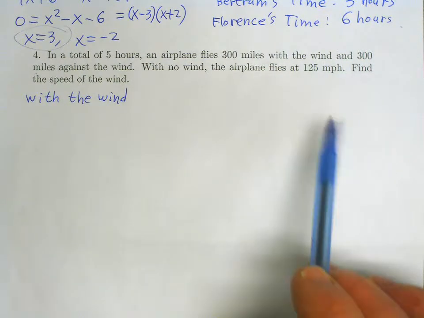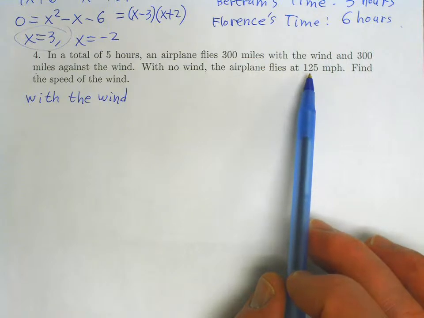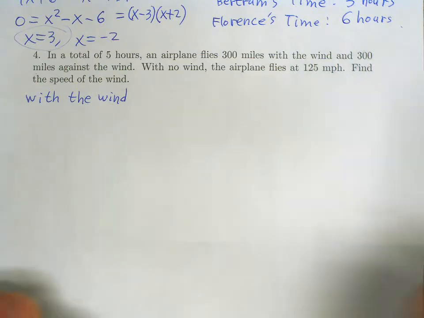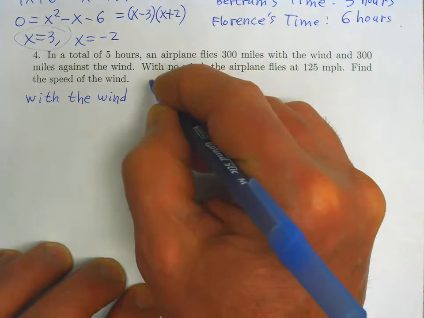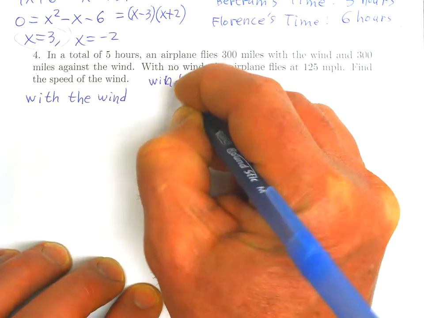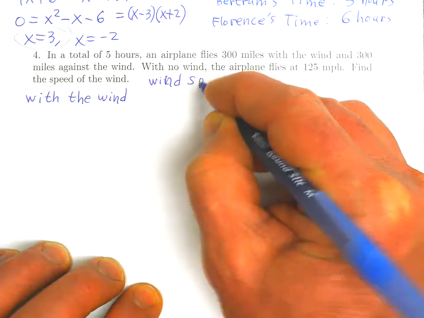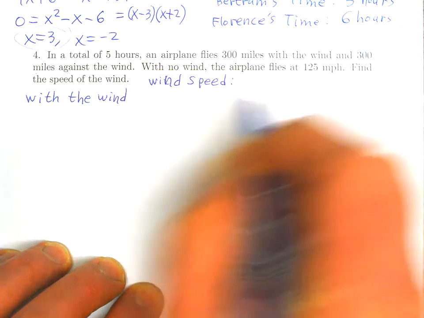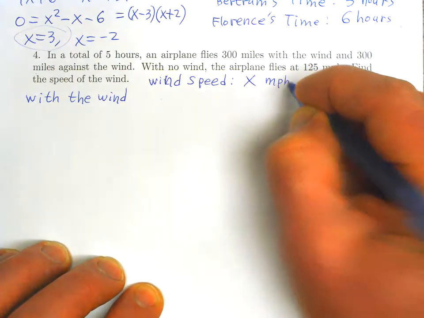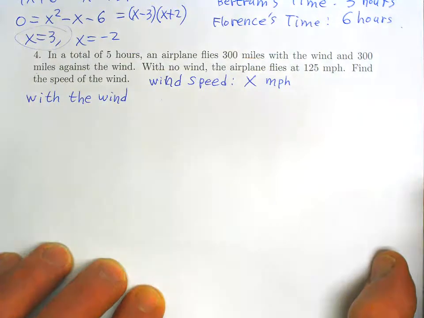But if it's flying with the wind, it's going to be going faster than 125 miles per hour. And it's going to be going faster by whatever the wind speed is. So we're going to pick a variable to represent the wind speed. So I'll just pick x to be the wind speed in miles per hour.